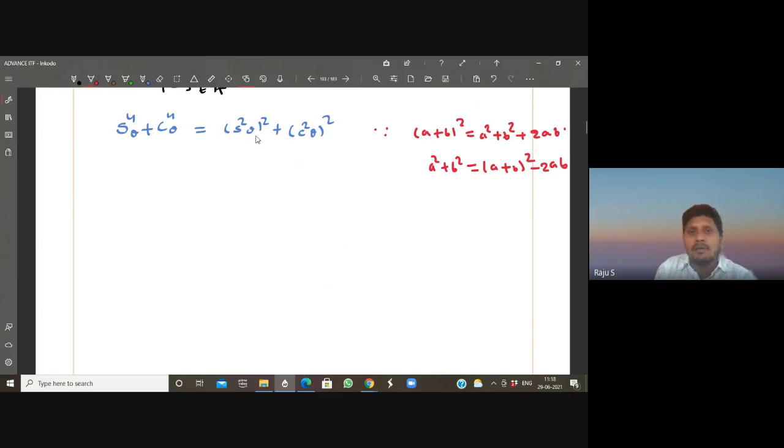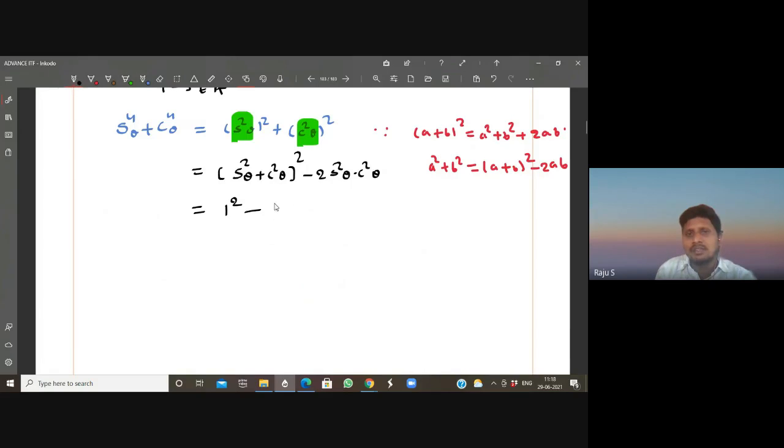Let us consider sin square theta as a, cos square theta as b. Then a square plus b square can be written as a plus b whole square, and now a plus b is 1, so 1 square.